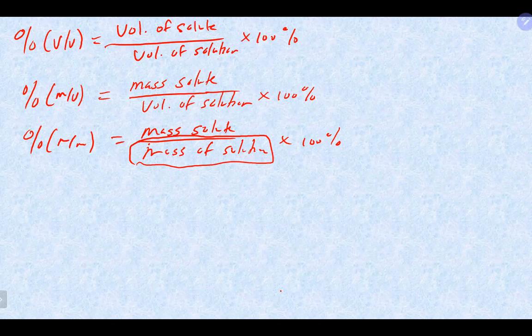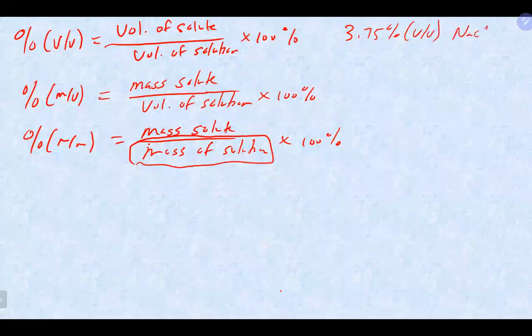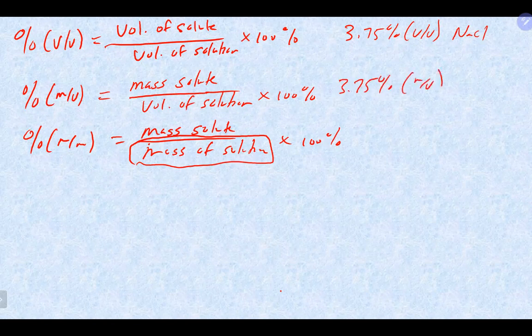Now, for all these, we can basically turn them into usable conversion factors if you needed to. So we'll use our same example that we had before. Let's say we had a 3.75% volume to volume sodium chloride, a 3.75% mass to volume sodium chloride, and like we saw just a second ago, 3.75% mass to mass sodium chloride.